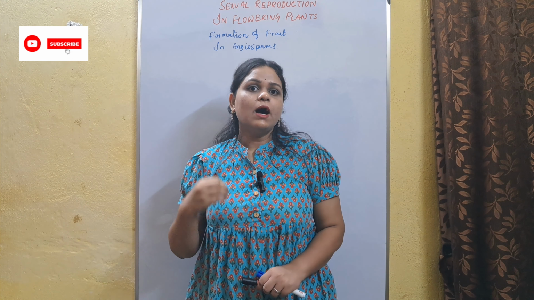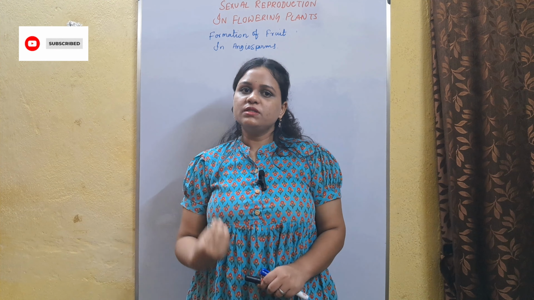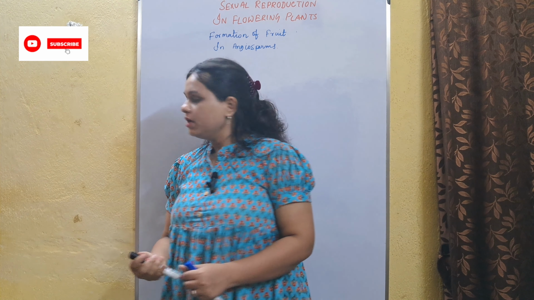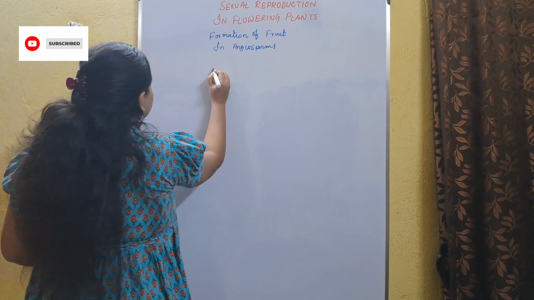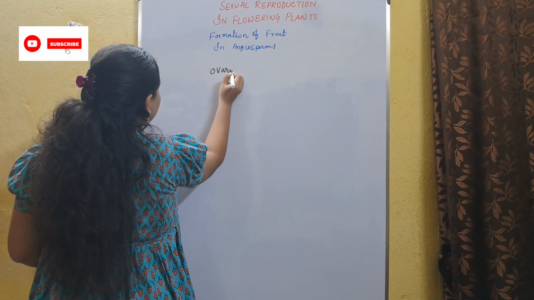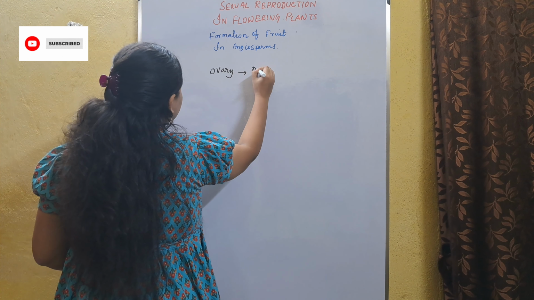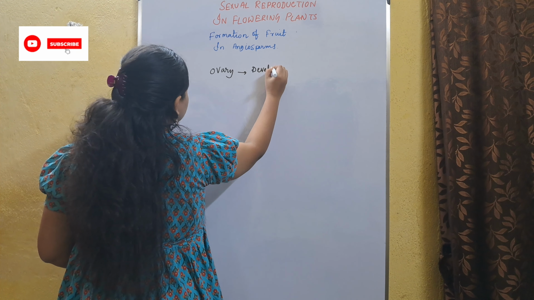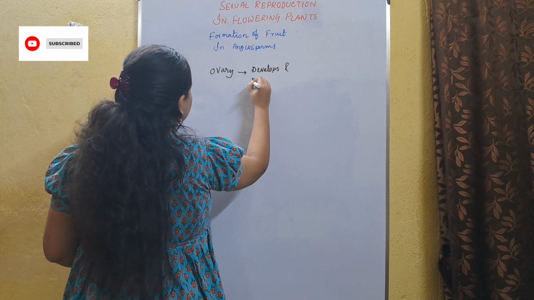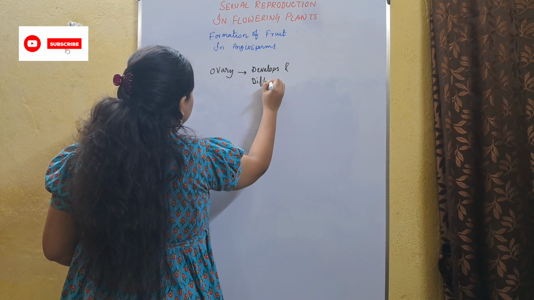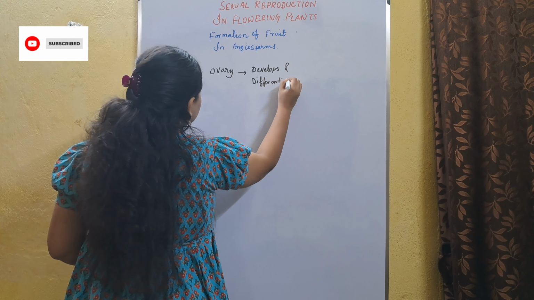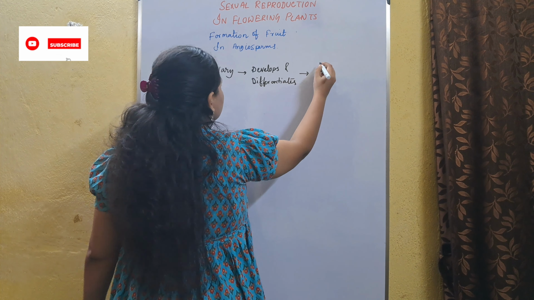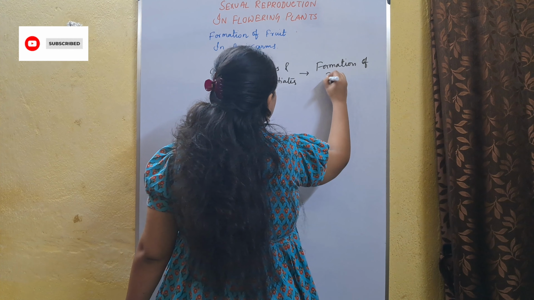Now, after knowing about both monocot and dicot seeds, we come to the formation of fruit. The ovary is responsible for the formation of fruit. When the ovary develops and differentiates, it leads to the formation of zygote.